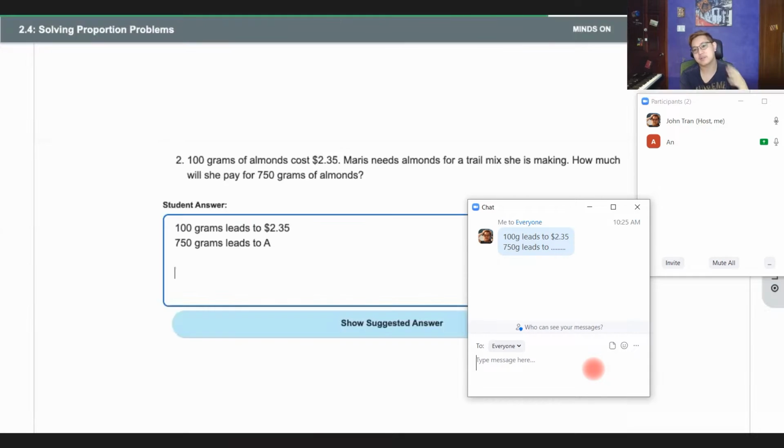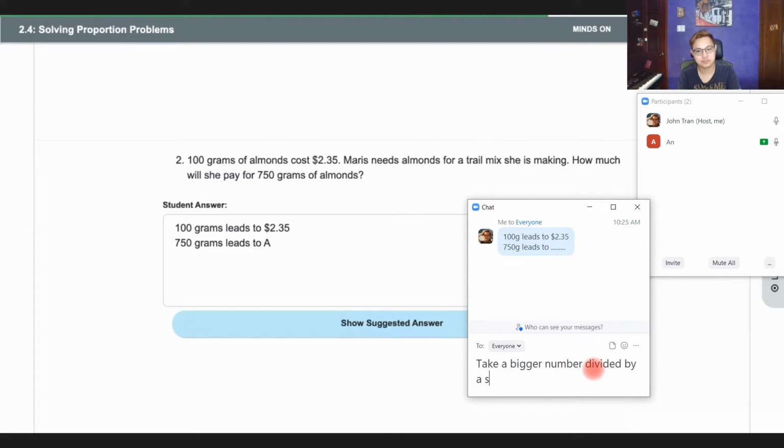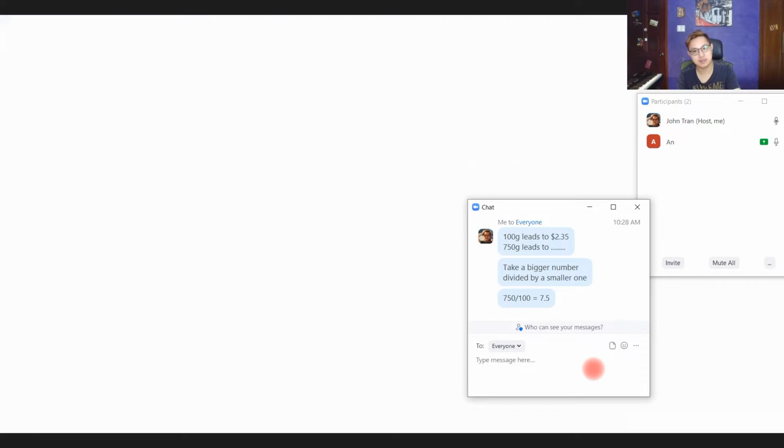Always take the bigger number divided by the smaller number and you will see the difference. You can see that it's a 7.5 times difference between 750 and 100, isn't it?